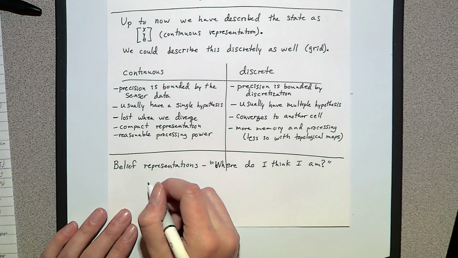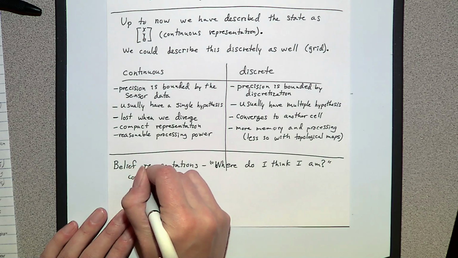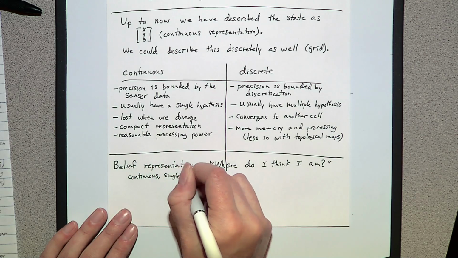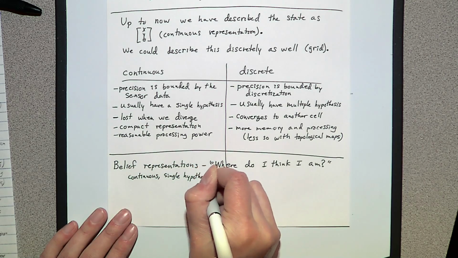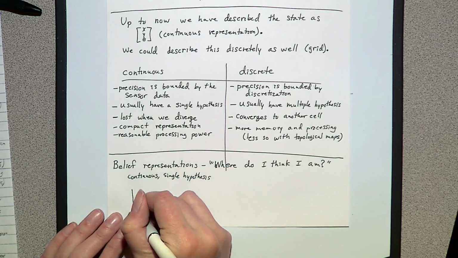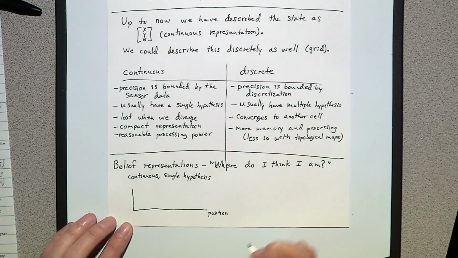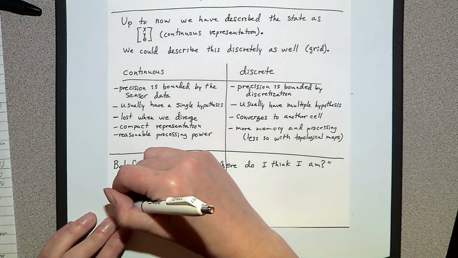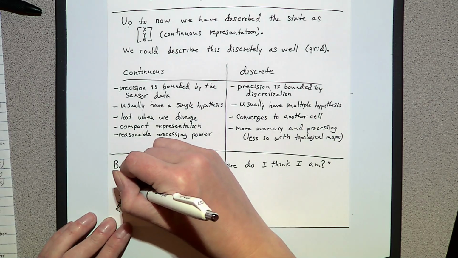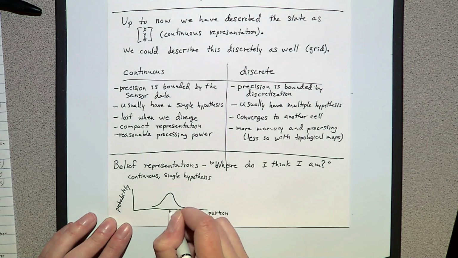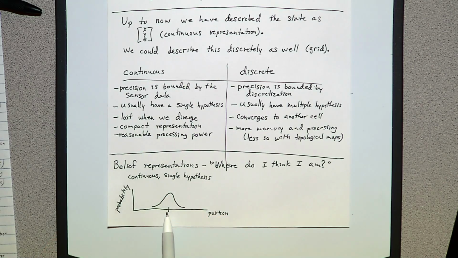So if we have a continuous representation with a single hypothesis, then, say this axis is our position, and this axis is the probability of that position. If it's a single hypothesis, then we say we're most likely at this position or some place really close to it.